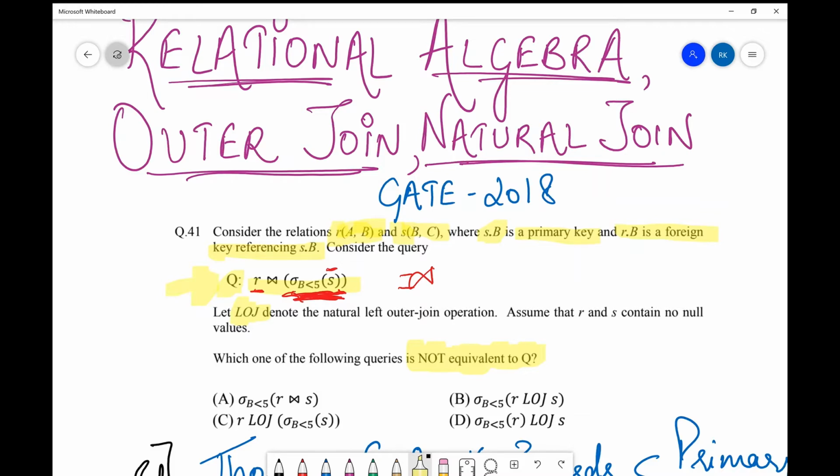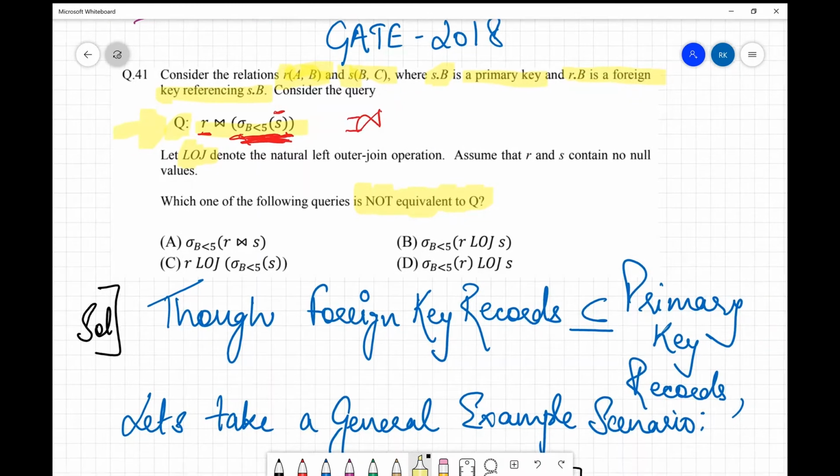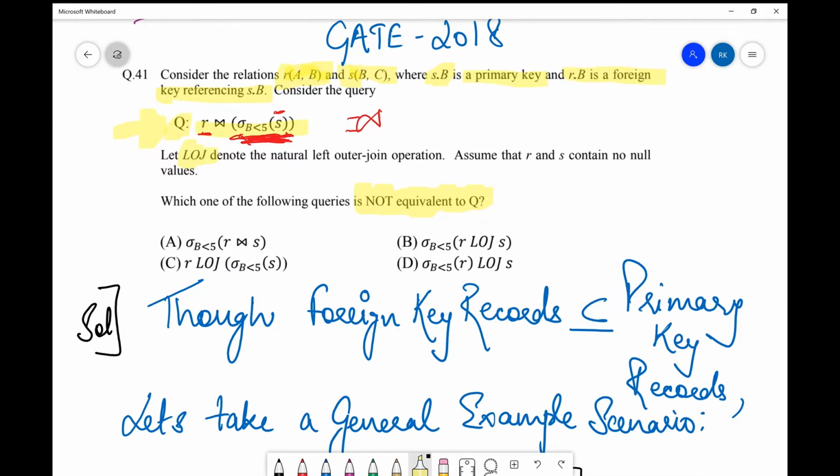An important thing to solve this question is that they mention the primary and foreign key. We always know that foreign key records are always a subset of primary key records. But since the question does not specifically mention this, and we are going to take a general example scenario, I am not going to consider this condition while generating the sample records.